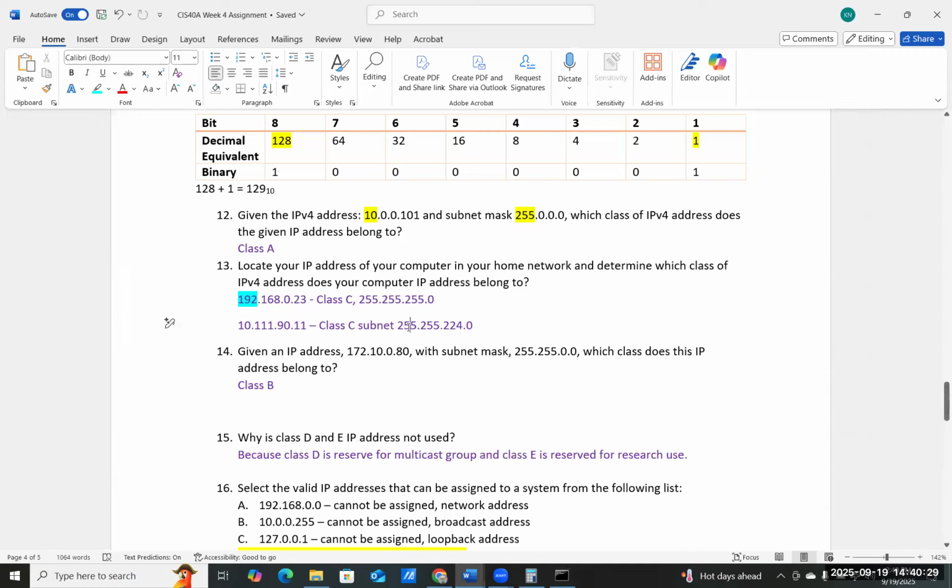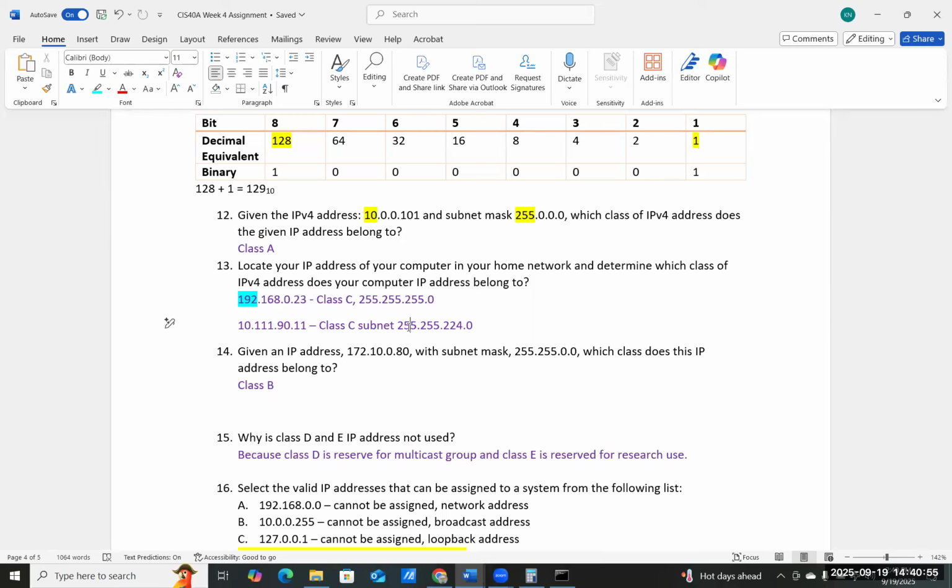So I put down something similar. If you're looking at 10.111.90.11 or any other value, and I'm using a non-default subnet mask like 255.255.255.224, it is technically a class C, but it is a subnetted IP address.